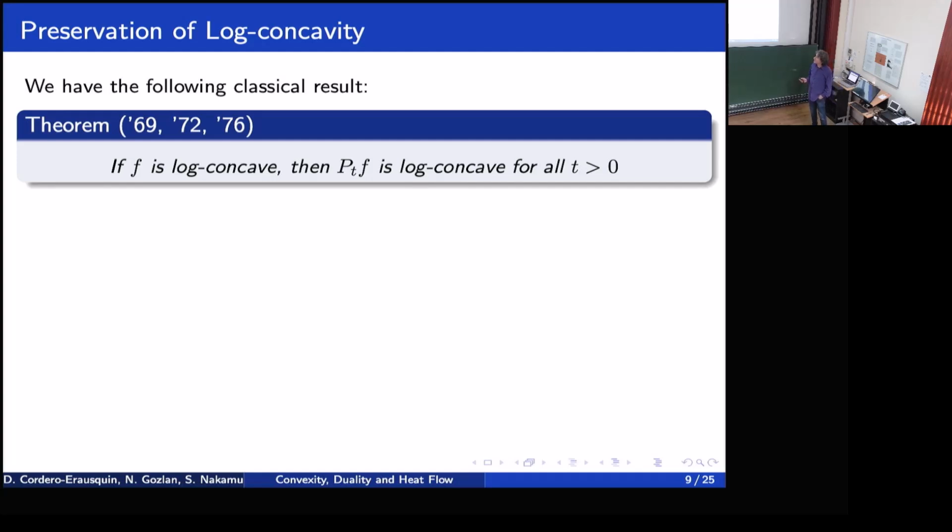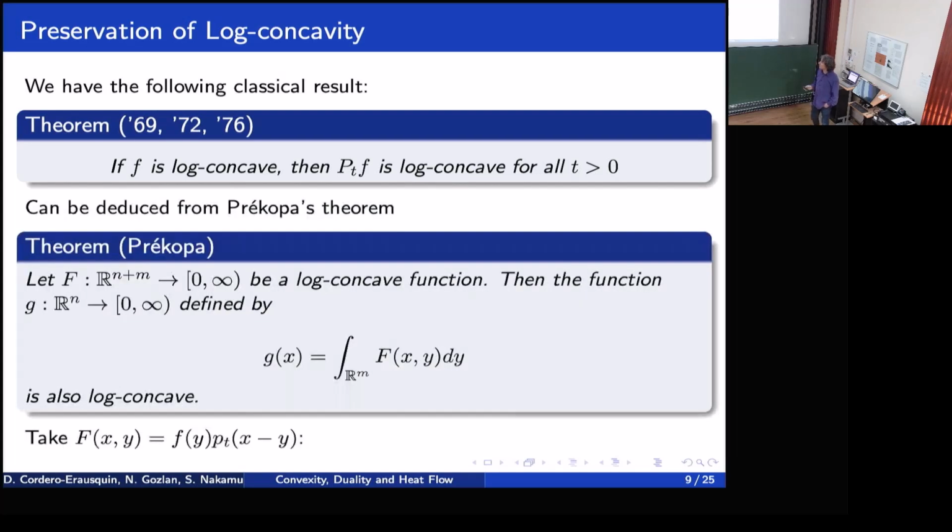So this is Prekopa, and this is Blaschke-Santalo, because this was a very important step in understanding this. I will try to give you very quickly the proof, which is essentially inspired by the paper by Blaschke-Santalo. So how does it go? First, the argument of Prekopa, I think you all know it.